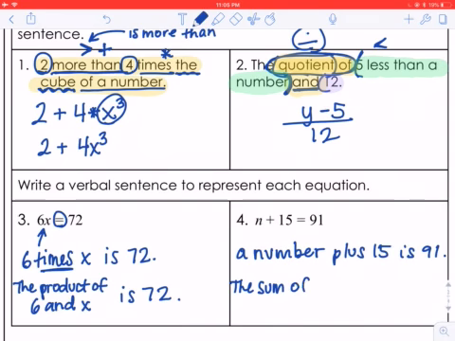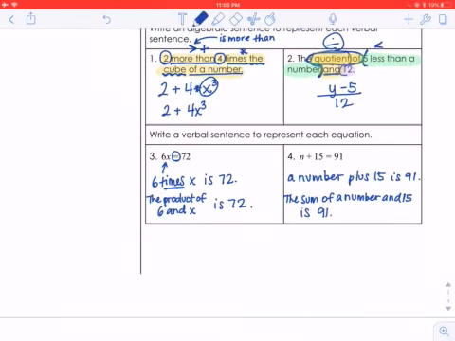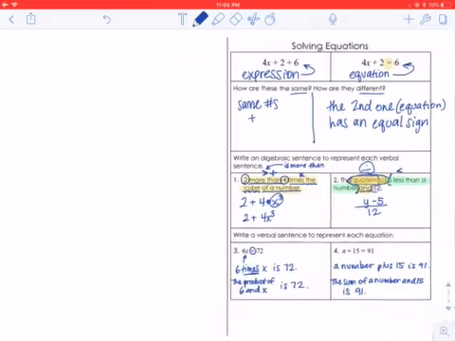The sum of a number and 15, so I'm adding a number and 15, is 91. Right? So we're just working in a backwards way this time. Awesome. So that's going to be how we write expressions and equations using words.